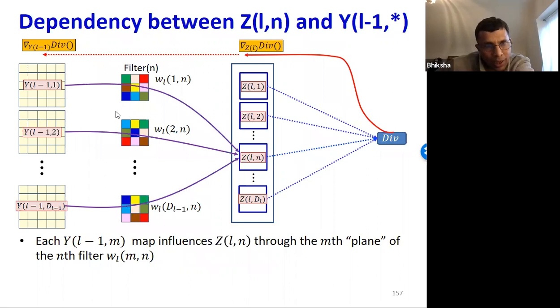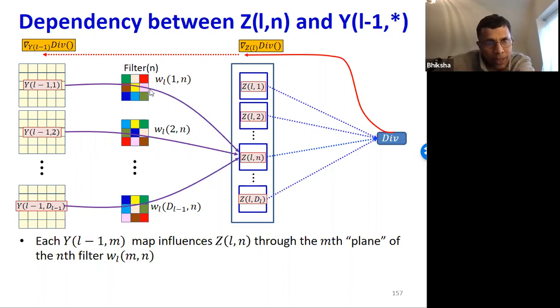Now, if you consider the nth affine map, this nth affine map in Z is computed by convolving all of these maps simultaneously with the nth filter, and the nth filter has as many of these little planes as you have maps out here.